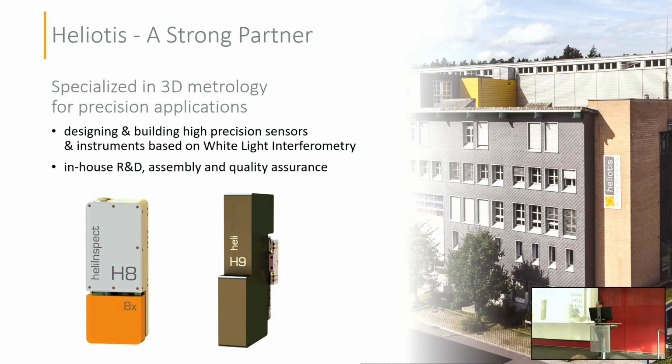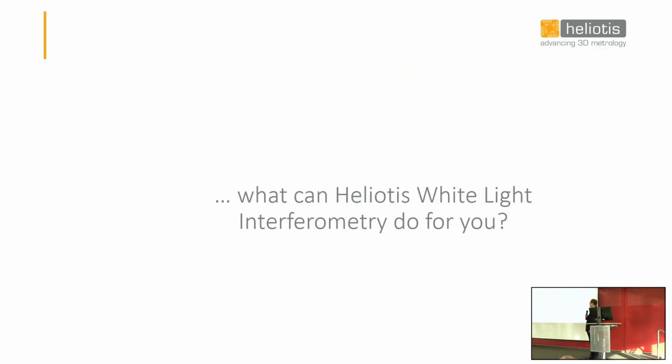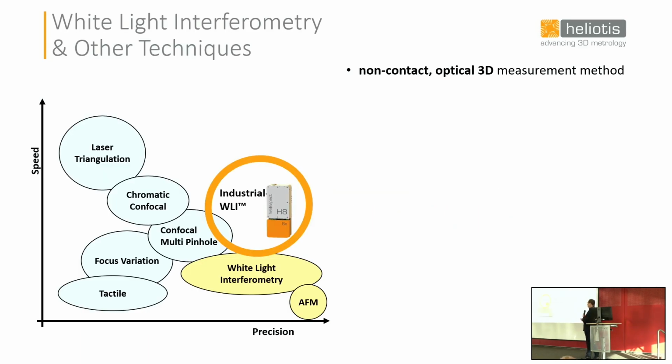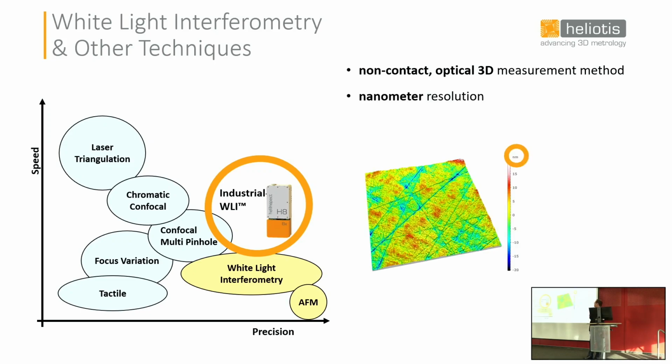So Heliotis is a company in central Switzerland, and Heliotis specializes in very fast industrial white light interferometers, like the devices you can see here. And as a short intro, what can interferometry in general do for you? White light interferometry is basically a non-contact optical measurement method which achieves nanometer resolution.